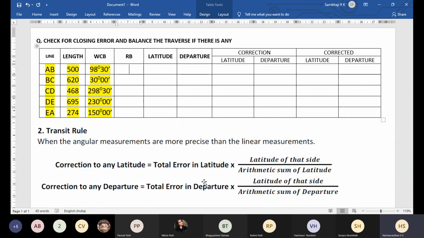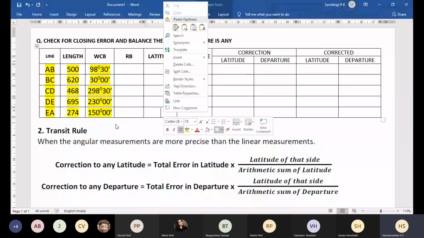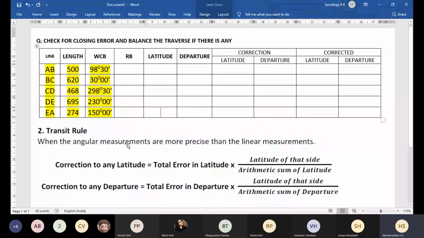And transit rule is used when angular measurements are more precise than the linear measurements. Here the correction to any latitude or departure is given by total error in latitude or departure multiplied by latitude of that side divided by arithmetic sum of the latitudes. So you have to calculate the arithmetic sum of latitude or arithmetic sum of departure.